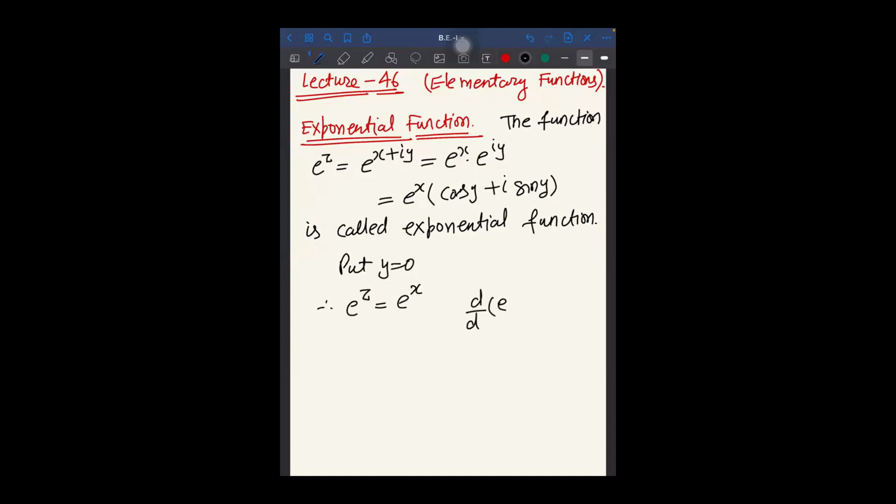And the same thing is true for the exponential function as well. As I've already told you, the exponential function is an entire function, right? So this is analytic everywhere. So a few properties of the exponential function I'll be discussing.